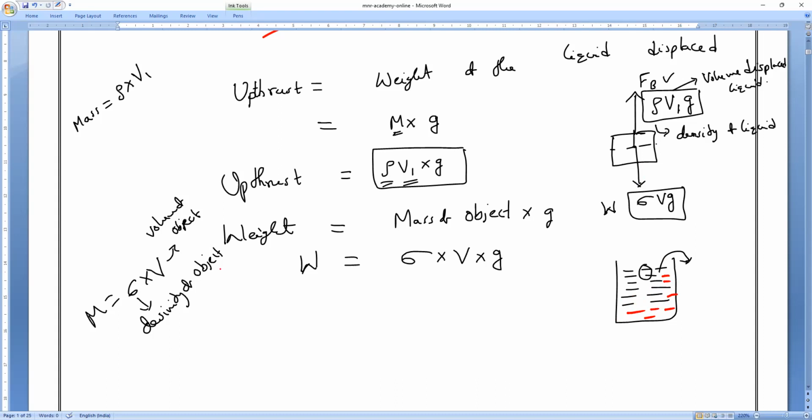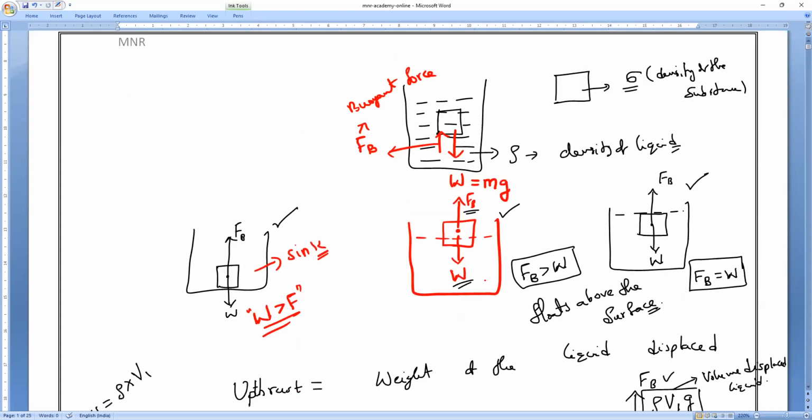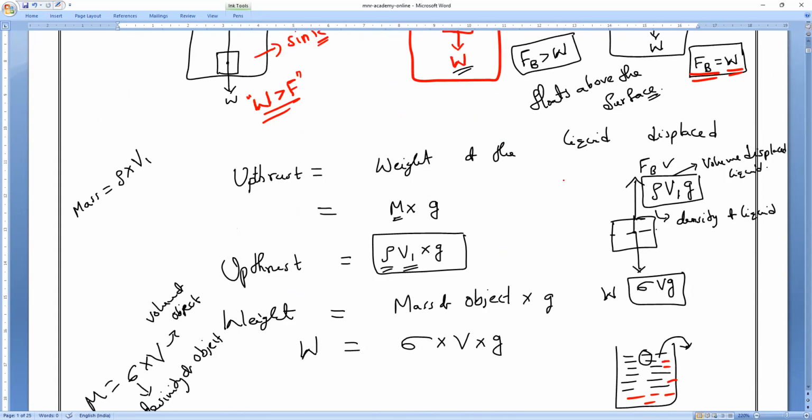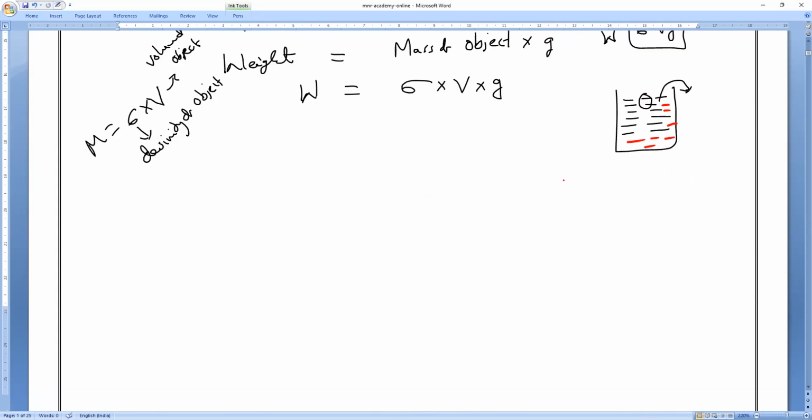Now, first case. Let me take this case. Object is floating below the surface, which means buoyancy force is equal to the weight of the object.